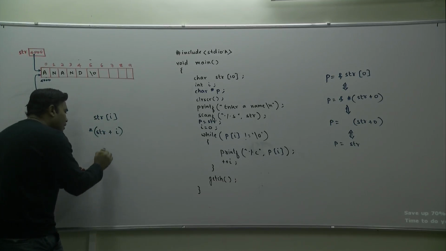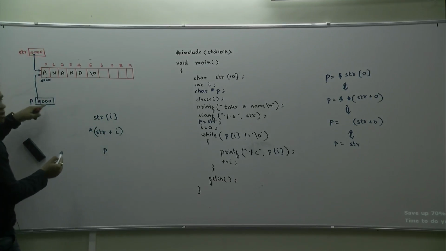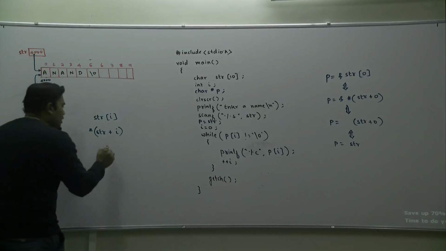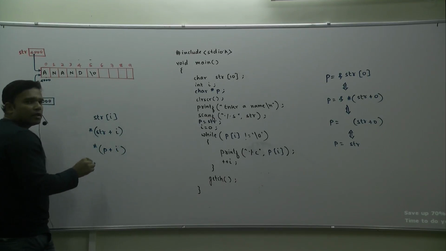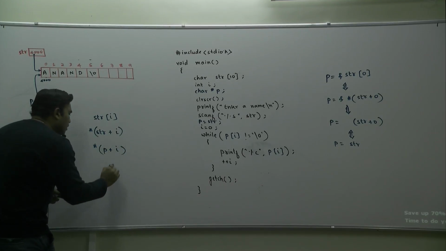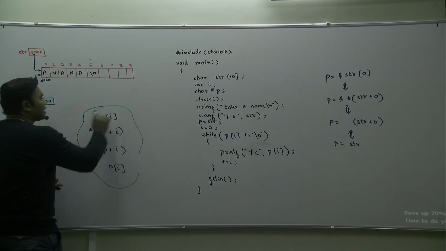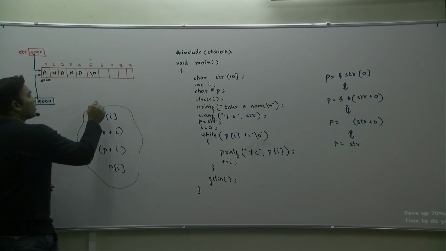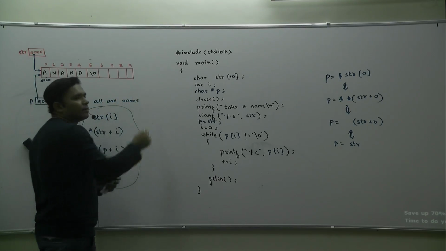If it is in p also, okay. For that only you add I and penetrate. In other words, this is equivalent to p of I. These are only the 4 versions I have given you. All are same.